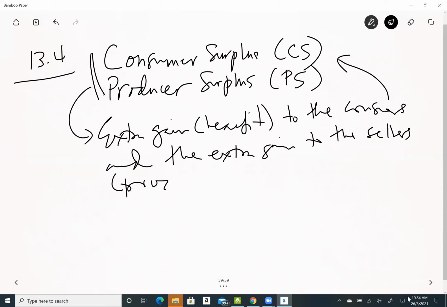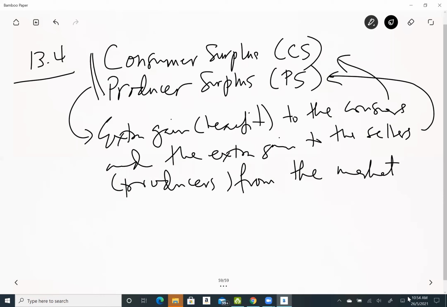And that would be what? That will be the producer surplus from what? From the market exchange of a good or service.